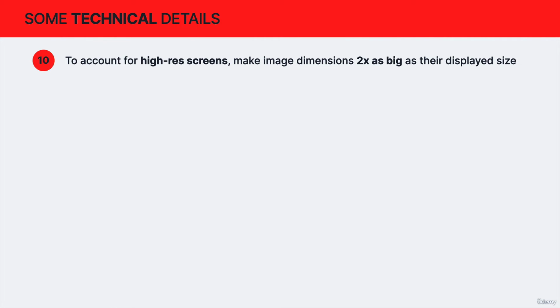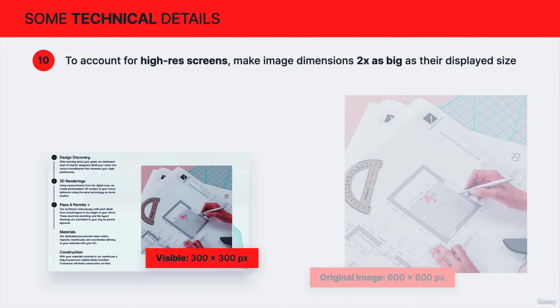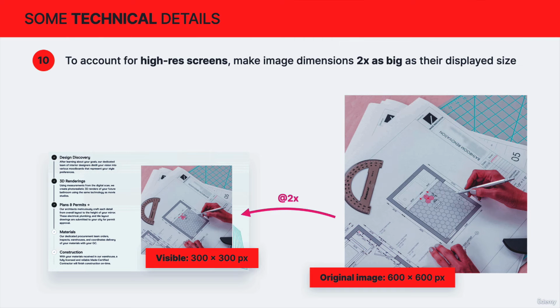Now, to do that, we need to size our images so that their actual dimensions are twice as large as we want to display them in our layout. So let's say we want to display this image as 300 by 300 pixels. This means that we actually need the image file to be 600 by 600 pixels, so twice as many pixels as are displayed on the web page.